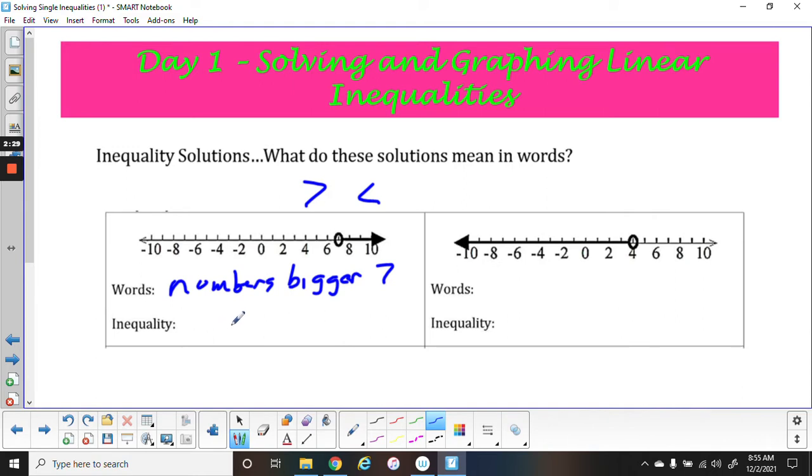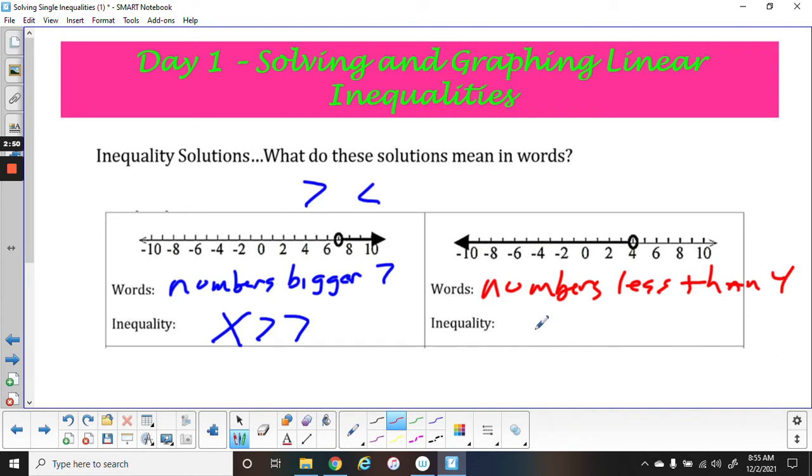The inequality then would be x is greater than 7. Hit pause and try to do the second one. The second one, this would be numbers less than 4. Numbers less than 4, so we would go x is less than 4.